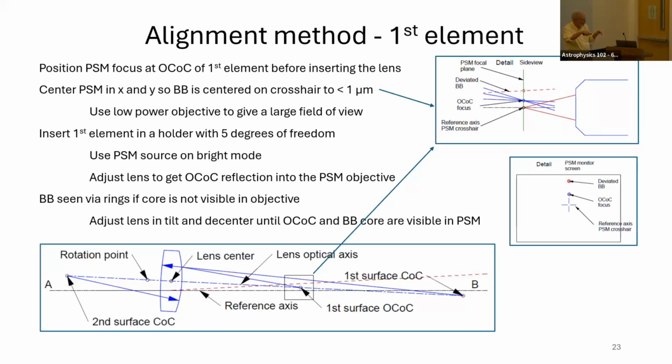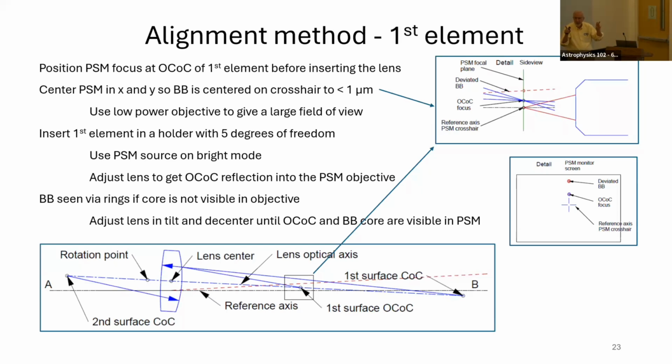And so this gives you an idea. We've got the two light sources: the Bessel beam here, and the internal light source of the PSM, with its focus here. I see a spot from this surface coming back. So on your monitor, the PSM, you've got your reference crosshair, one spot coming from the optical center of curvature, and a second spot coming from the TV and Bessel beam.